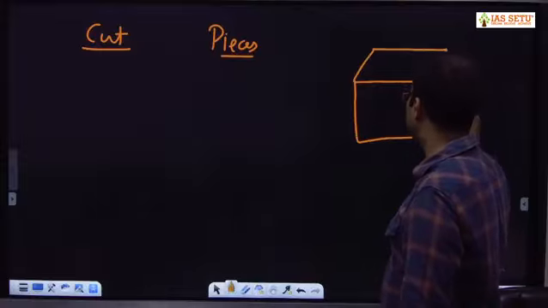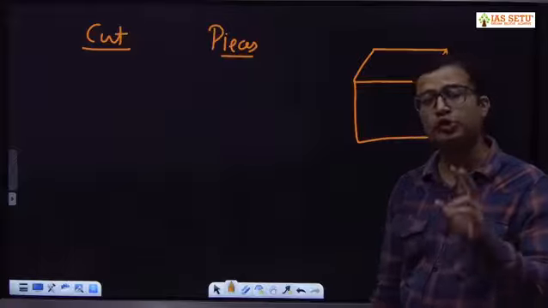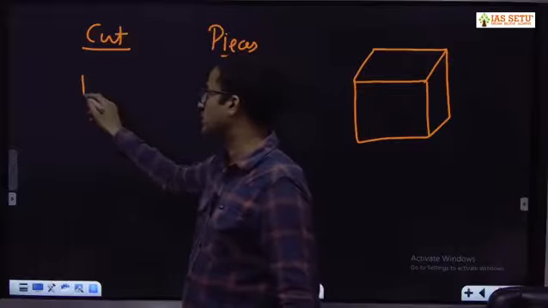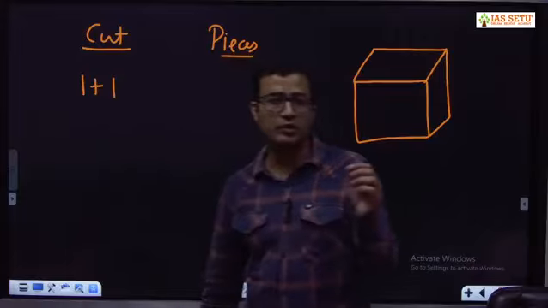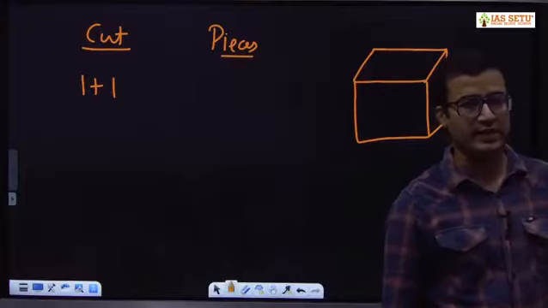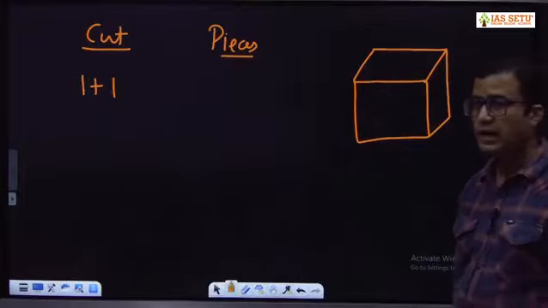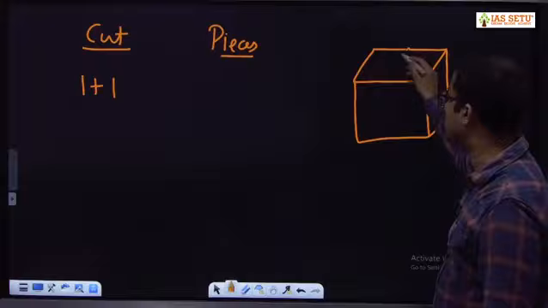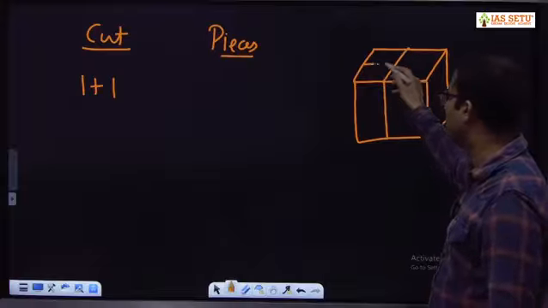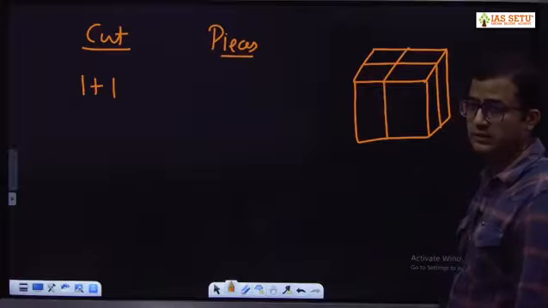I use 2 different axes and I will make 2 cuts. 1 plus 1. It's like 1 cut on the x-axis, 1 cut on the y-axis. Here, this is 1 axis, 1 cut. This is along the second axis, second cut.